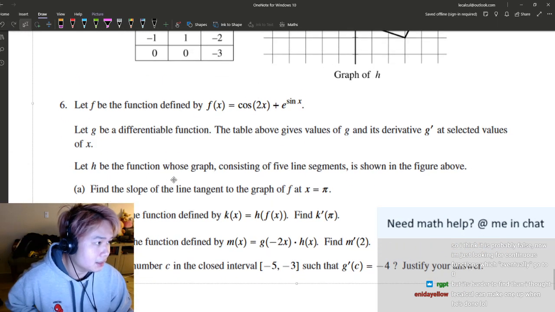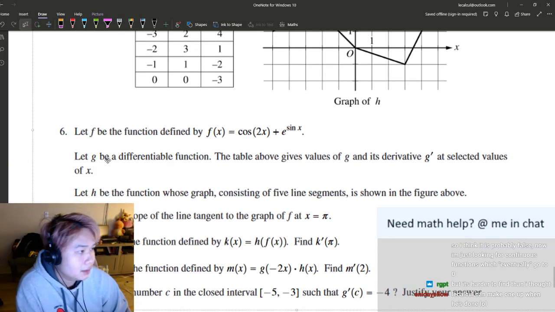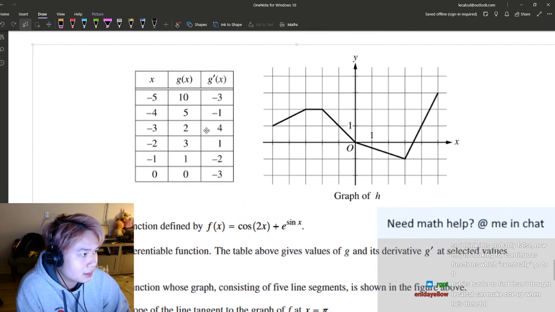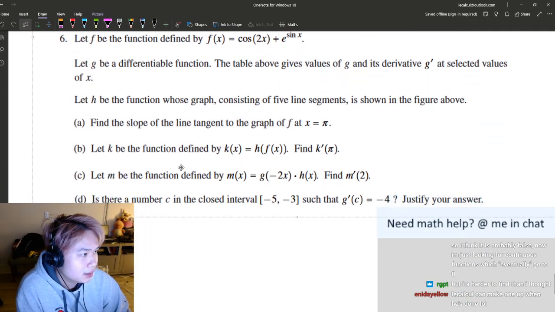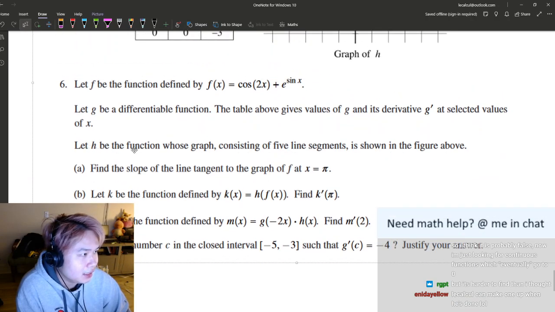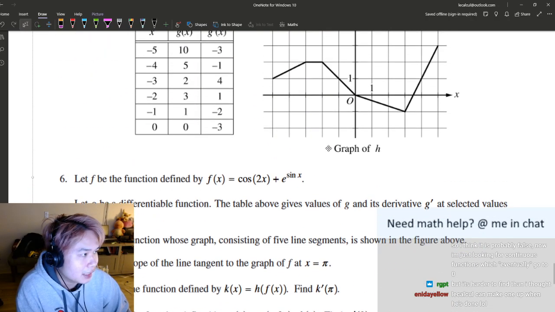Okay, let's see what this is. F is a function here. G is differentiable, and we have a table here. And then we have H as a graph.